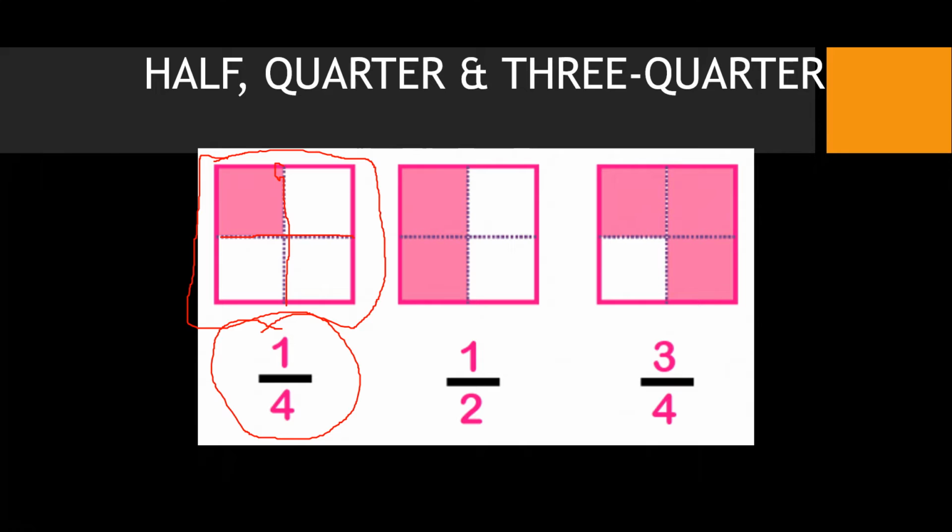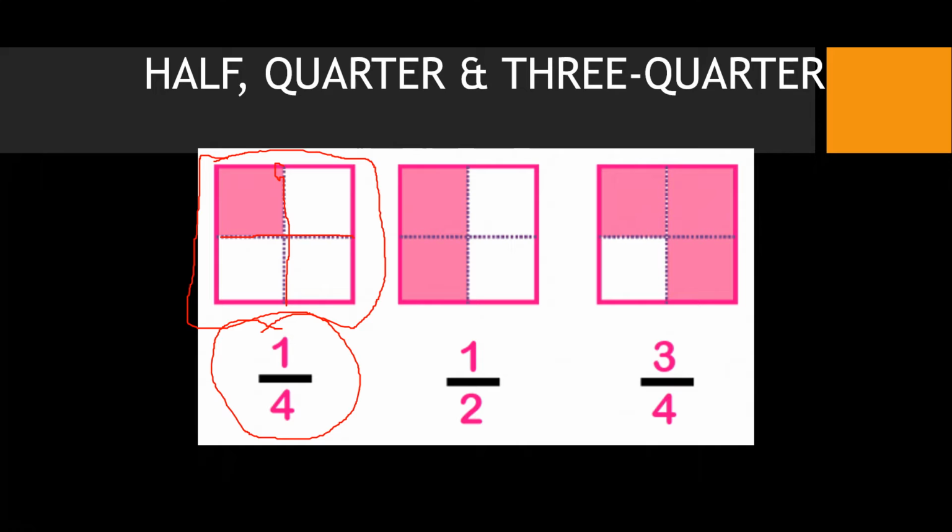She's cutting like this. So you can see 4 parts there. From those 4 parts, you are getting only 1 part. So that is why we have 1 on top, which is 1 over 4. 1 over 4 means out of 4 parts, you are getting 1 part of the cake.